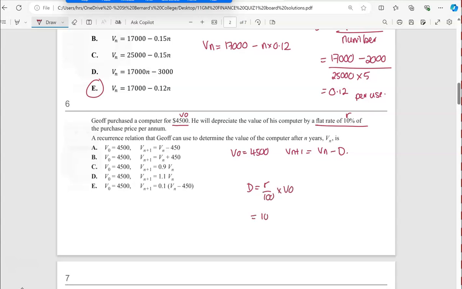So we would do 10 over 100 times 4,500. So 10% is, okay, this is reducing, so the formula would be VN minus 450, so which one is it? A. Good.